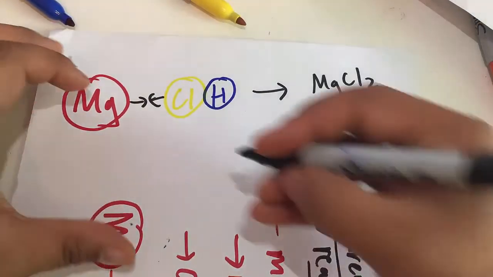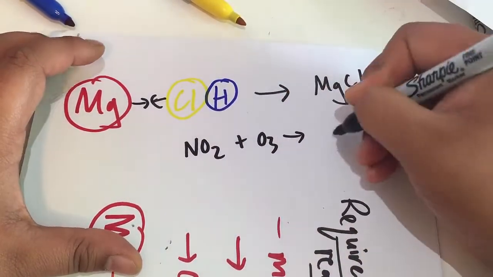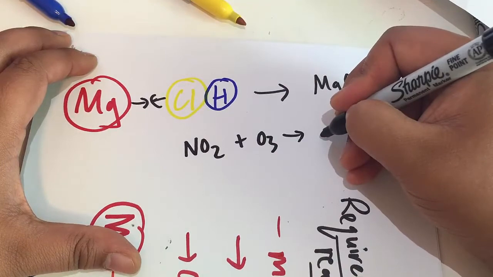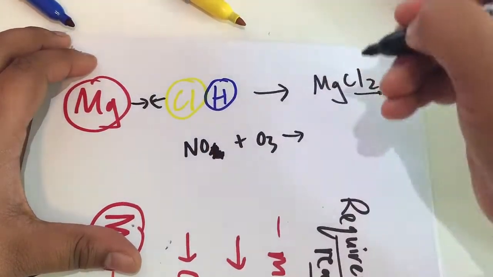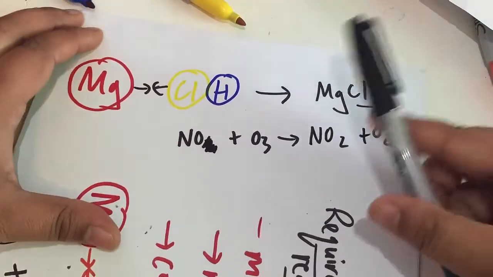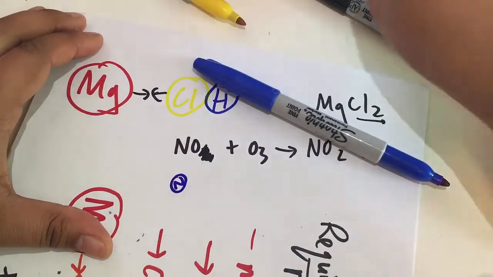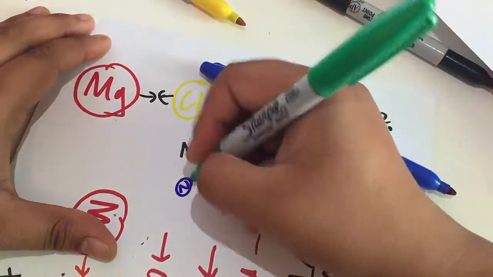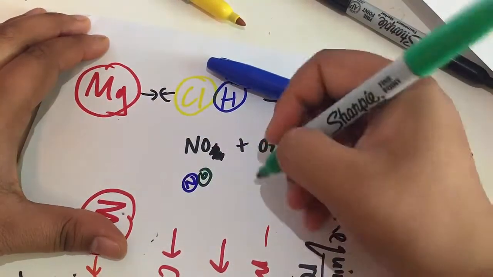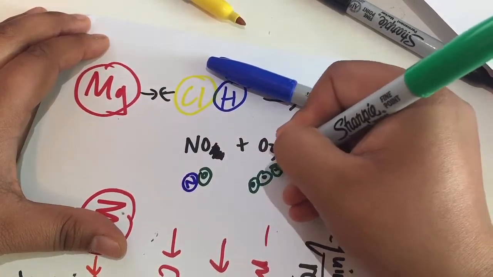Another example of this is looking at the reaction of NO with ozone to make NO2 plus oxygen gas. And in this instance, we've got nitrogen, we've got an oxygen, and then this one is actually 3 lots of oxygen.